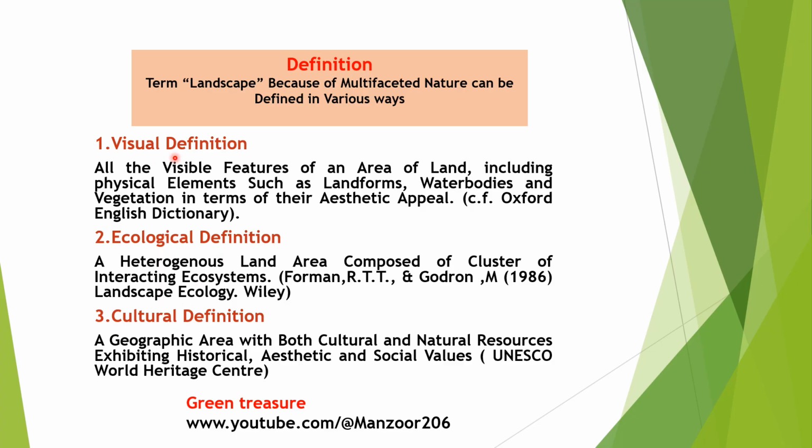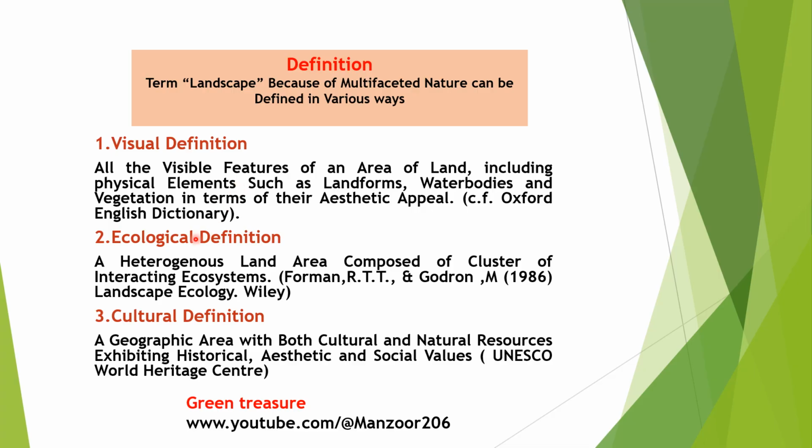So first of all, as a visual definition, it's all the visual features of an area of land, including physical elements such as landforms, water bodies, and vegetation in terms of their aesthetic appeal. The dictionary definition by visual means will have to take into consideration all the physical elements.